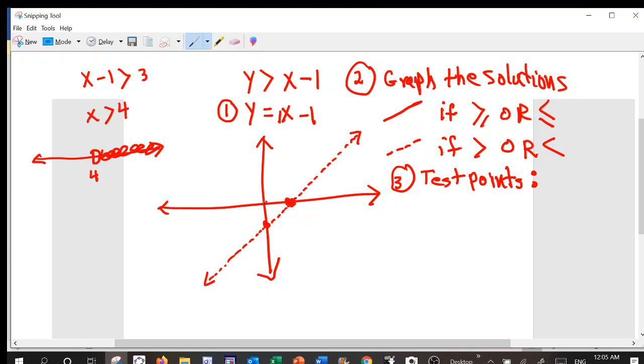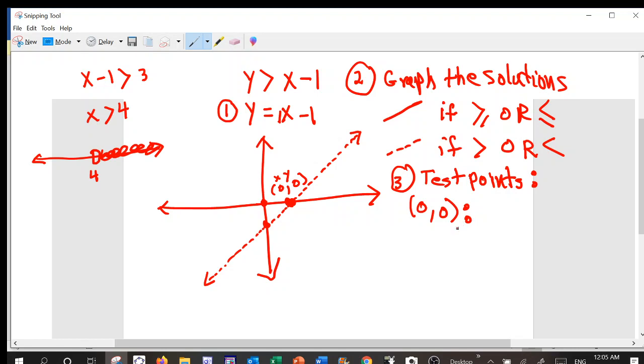So right here, I pick a simple point like 0, 0, because it's easier to check. This is my x, this is my y. What I'd like to know is whether this point satisfies this inequality. So if y is 0 and x is 0, does it satisfy? So I'm going to check 0, 0.